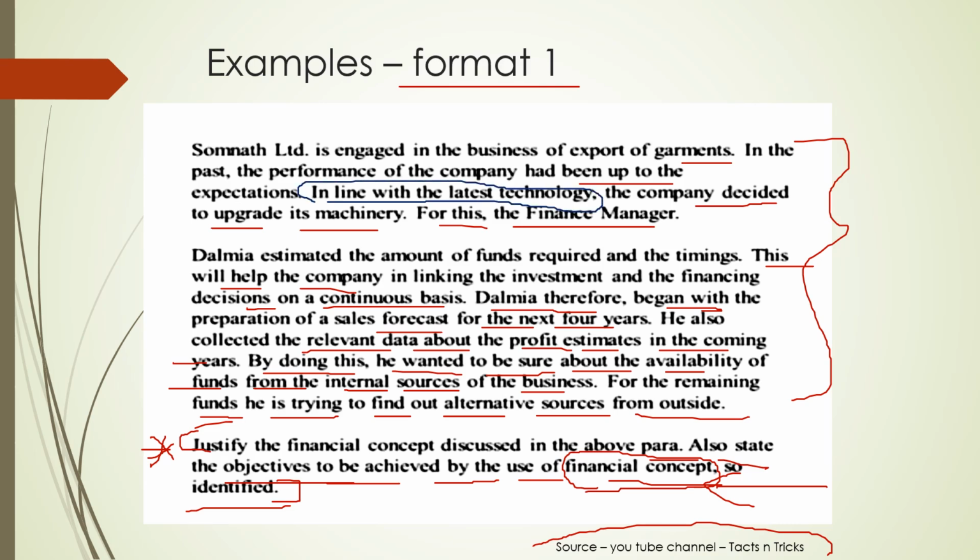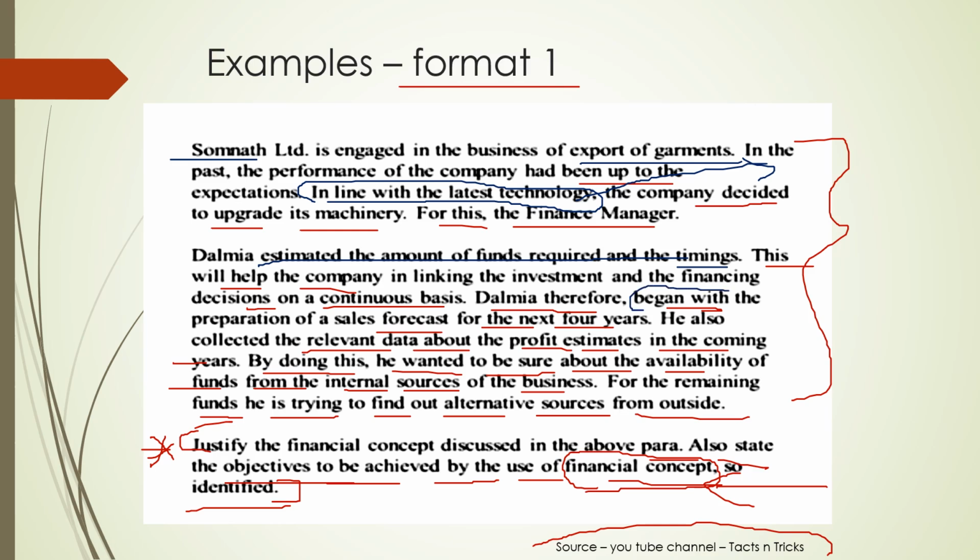Then the finance manager is making the decision. Okay, so first you have to think about what points they have highlighted. First of all, it is a company which is exporting garments. They are going to have a new technology. Okay, then they have estimated the amount of funds required and the timings also.